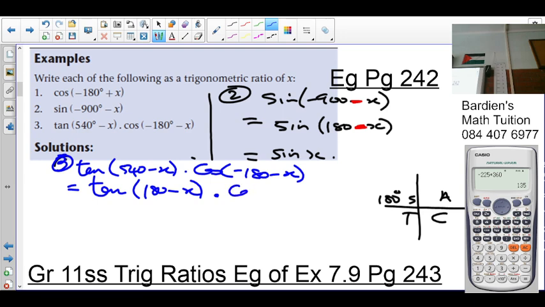So that would simply be cos of negative 180 plus 360, which is 180 minus x. Now, tan of 180 minus x is in which quadrant?